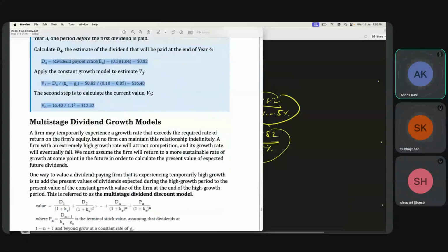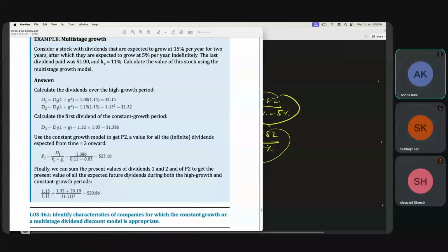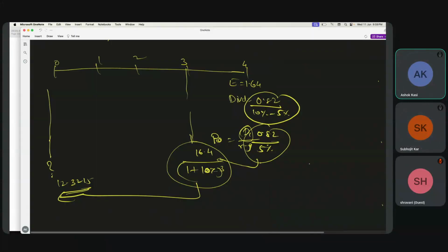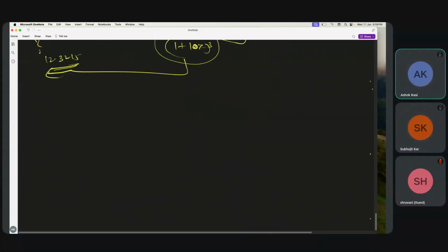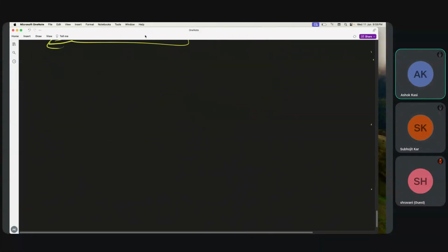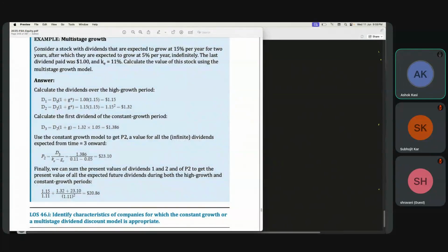Yes. Then next one, multi-stage growth. Consider a stock with dividends that are expected to grow at 15 percentage per year for 2 years.